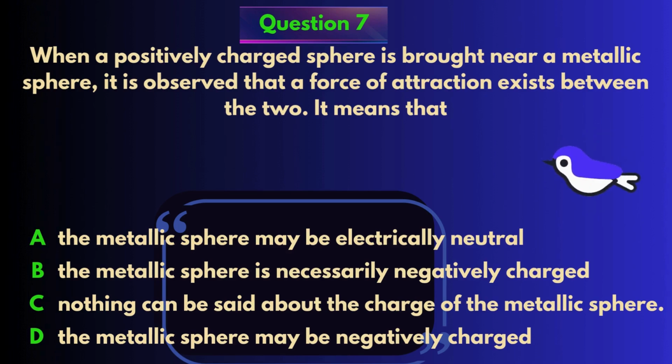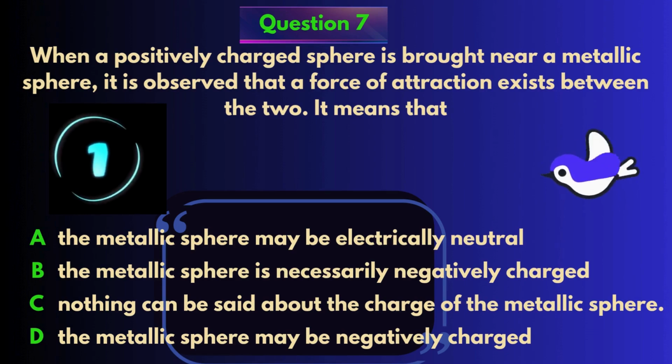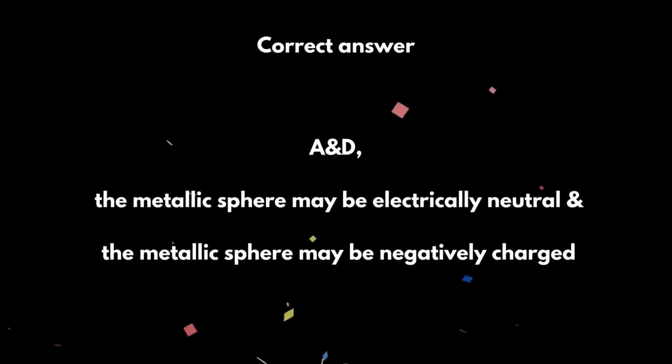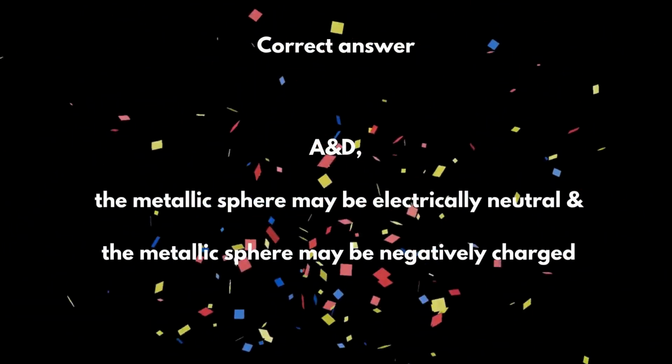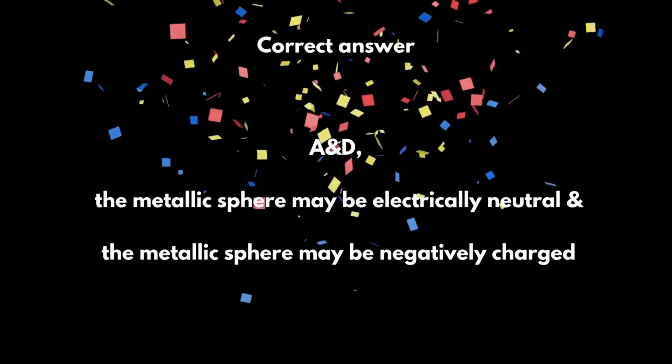Choice D, the metallic sphere may be negatively charged. Correct answer: A and D. The metallic sphere may be electrically neutral and the metallic sphere may be negatively charged.